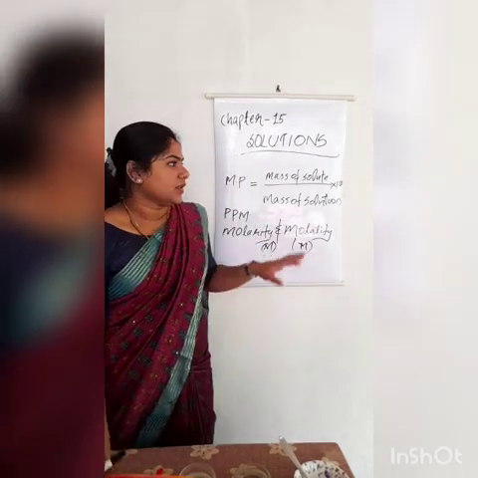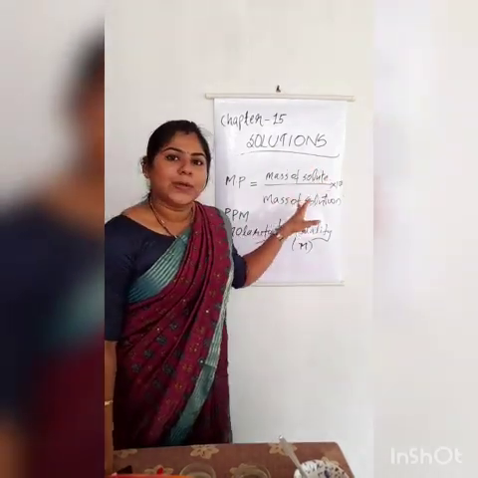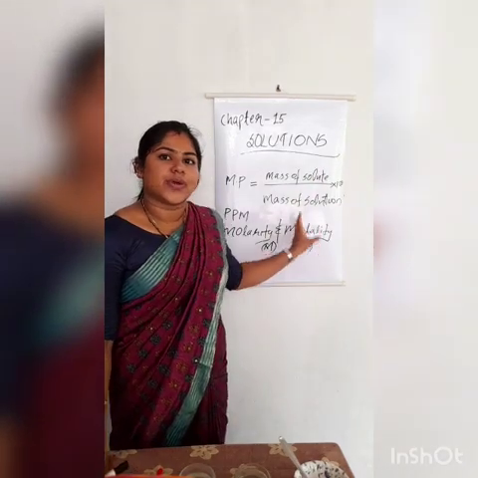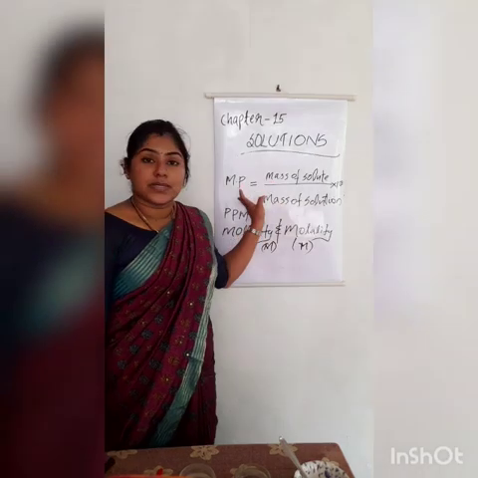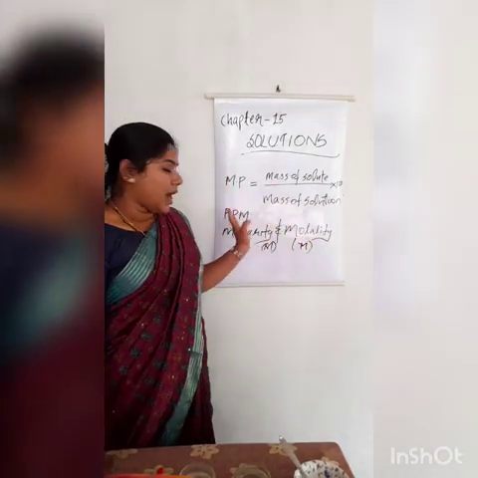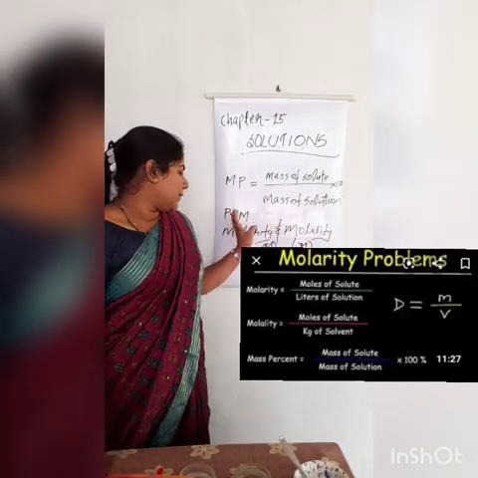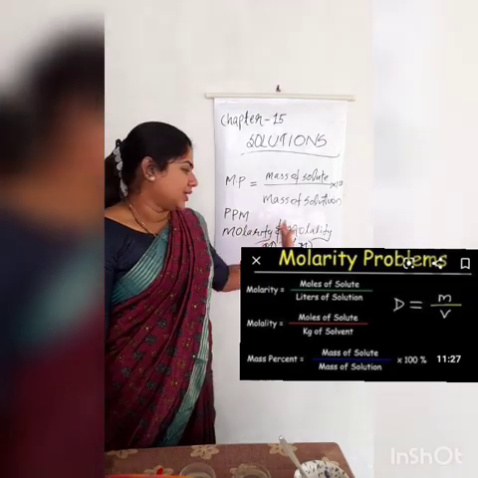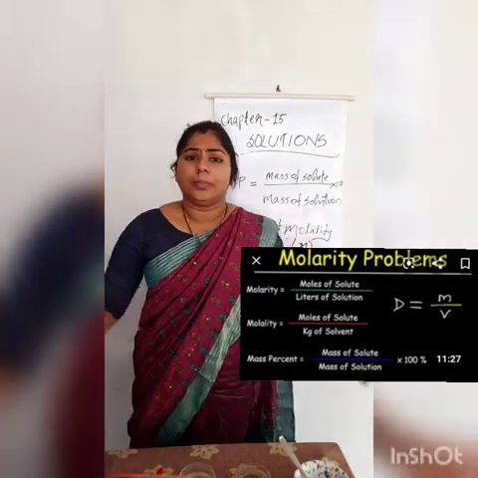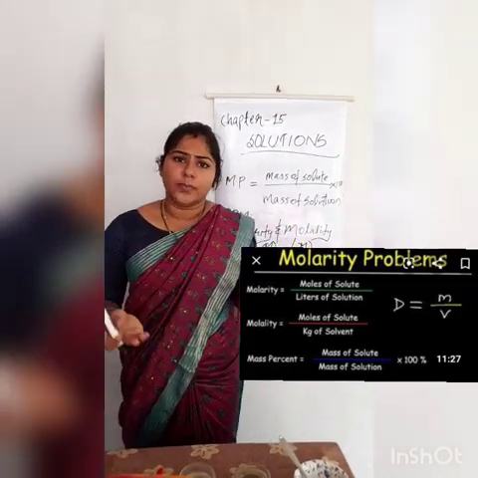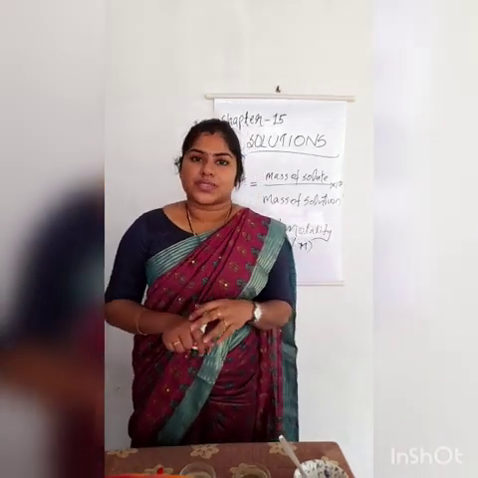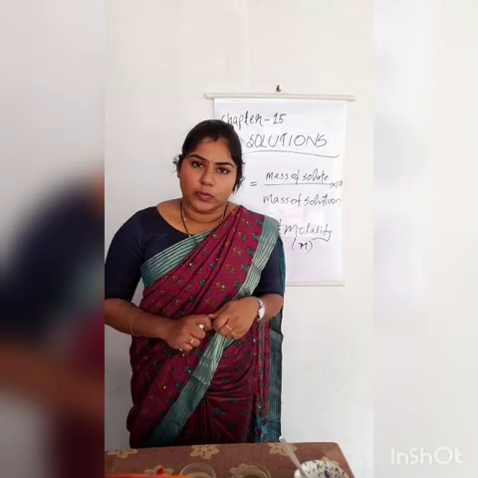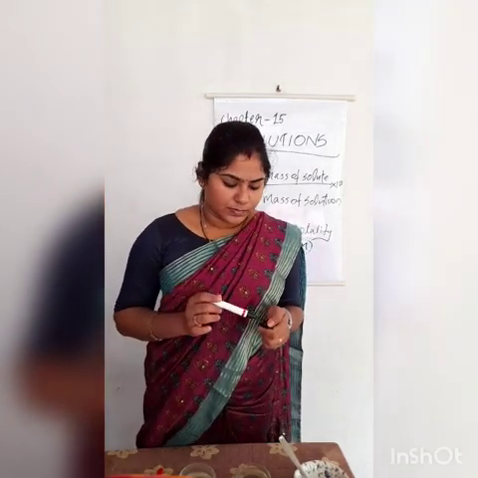Now we have learned about the scales used to express the concentration of the solution: the mass percentage method, parts per million or ppm, molarity and molality. There are many other scales like volume percentage and normality, which are all used to express the concentration of the solution.